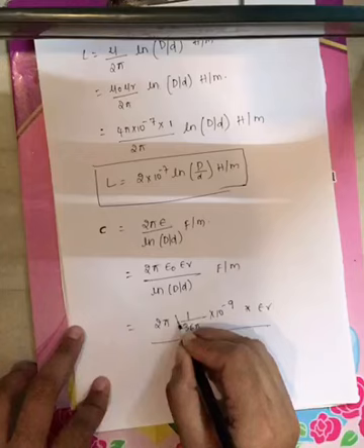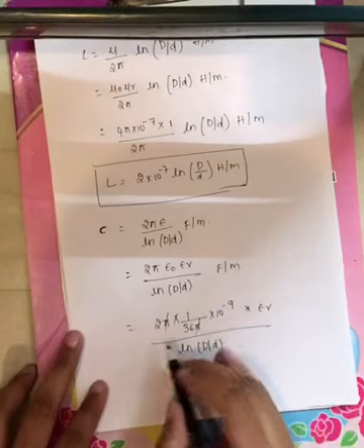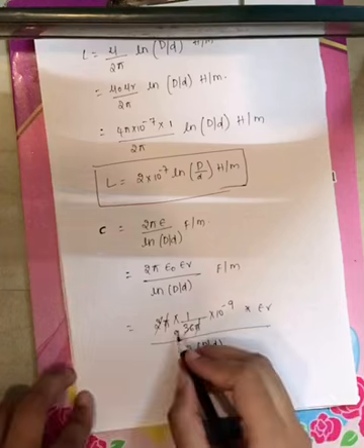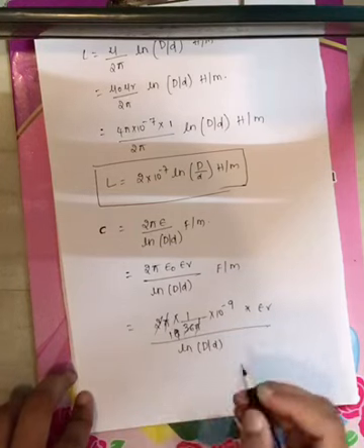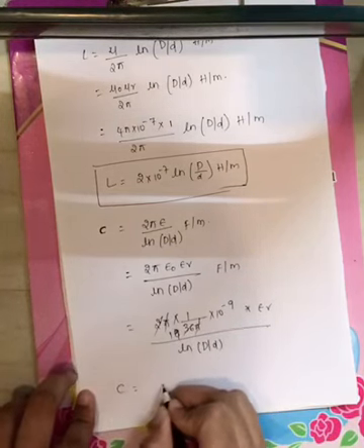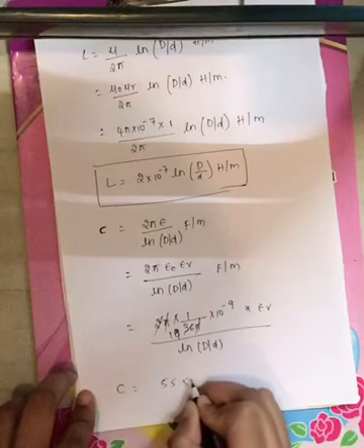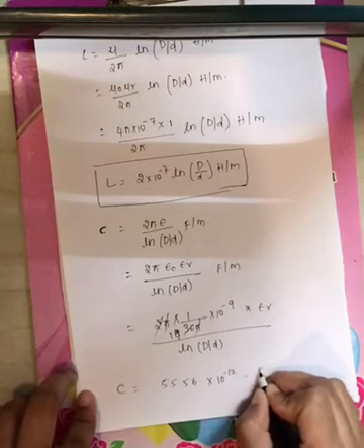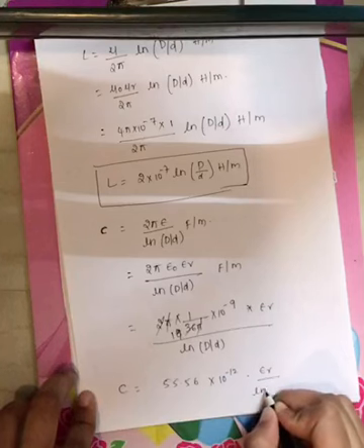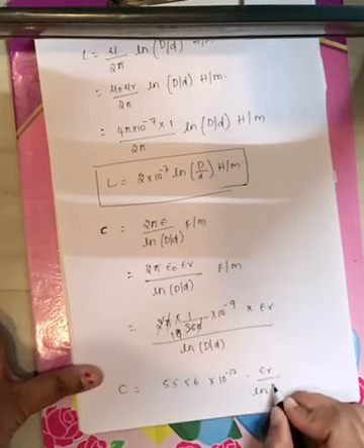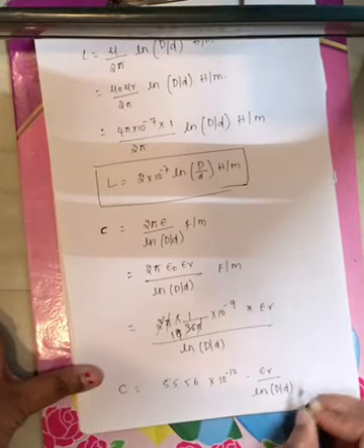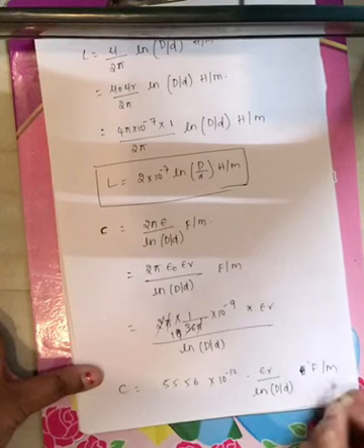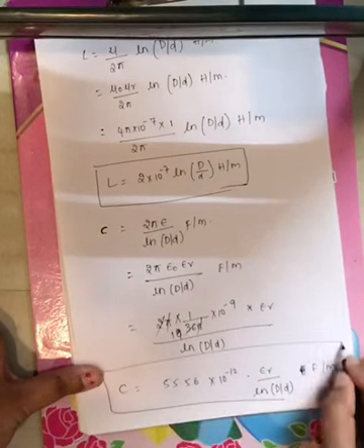If you solve this, pi will get cancelled, and 2 by 36 pi gives 1 by 18. You will get C as 55.56 into 10 power minus 12 into epsilon r divided by ln of capital D by small d farad per meter. This is the value of C.